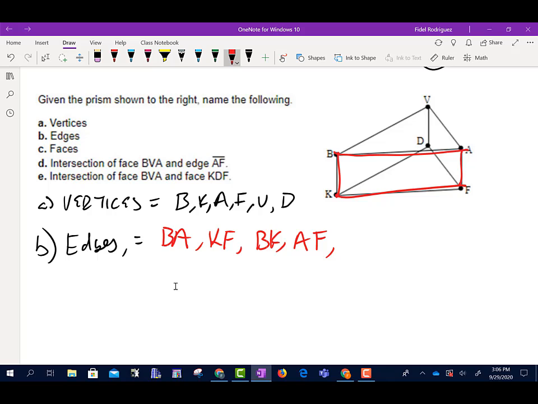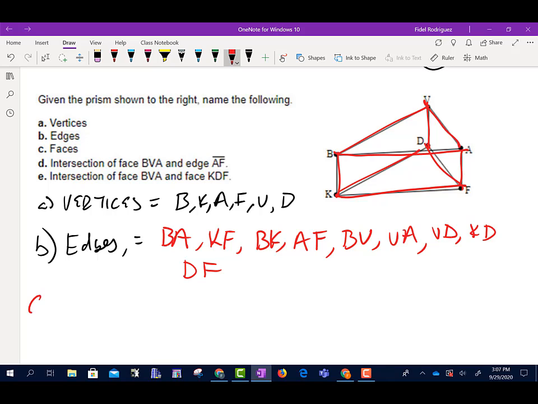Are these problems hard AF? Hopefully not. BV. And VA. Okay. And VD. And KD. And DF. Okay. So those are my edges.